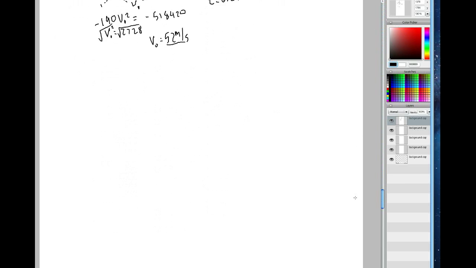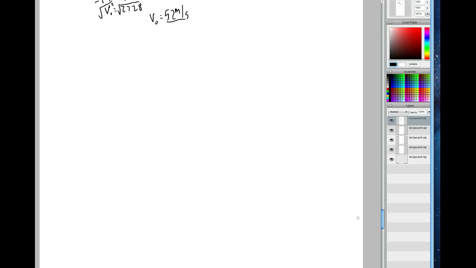So let's find out how far our trebuchet penetrates. If our V naught is 52, that means that our Vx is going to be 52 cosine of 45, which is going to be 36.77 meters per second.